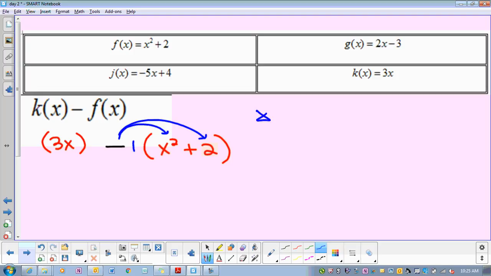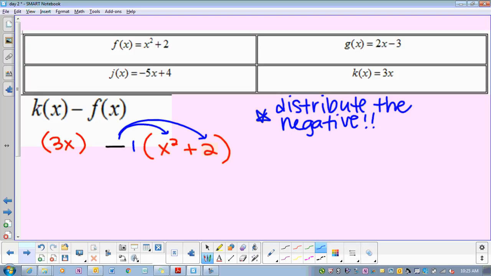Okay? So make a note for yourself. Draw these arrows. Let's write this. Distribute the negative. Okay? So that we don't forget. So you're basically just multiplying those by negative 1.